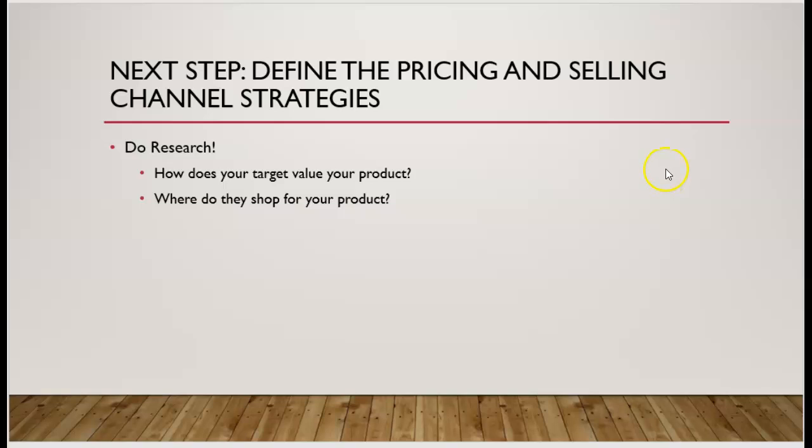And this goes back directly to positioning and how you see them seeing your product, okay? And then where do they shop for your product? And that is a simple matter of meeting them where they are. That you need to do that. No point in trying to get them to buy from a different channel than they're willing to buy from. You just need to meet them where they are, basically, is what it comes down to.